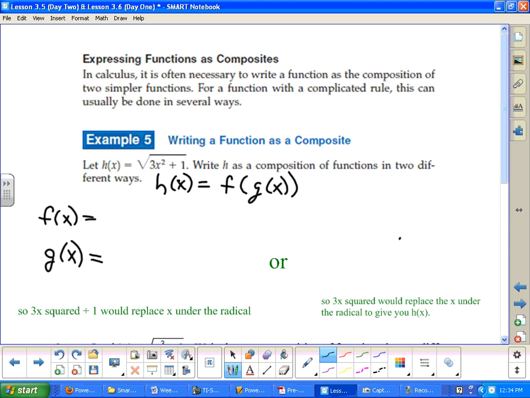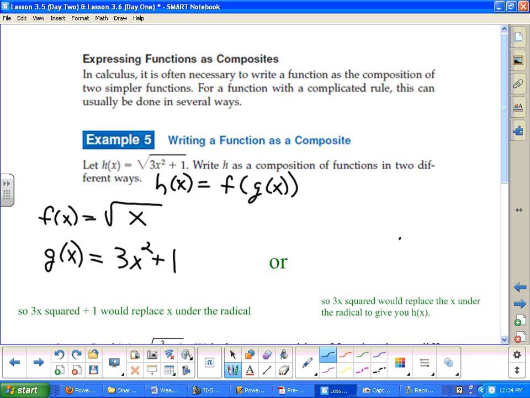Now, we could take this function 3x squared plus 1, so I could have the square root of x be my f of x, and then my g of x, 3x squared plus 1. So if I did f of g of x here, I would get this composite function, square root of 3x squared plus 1.